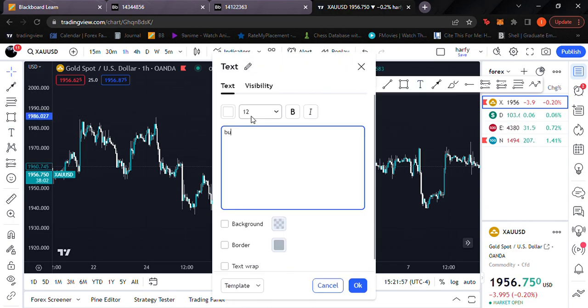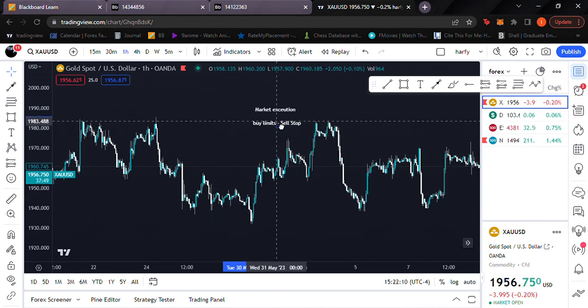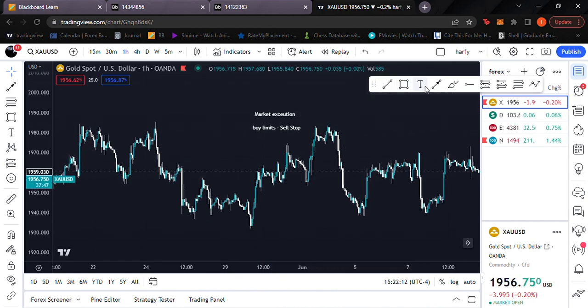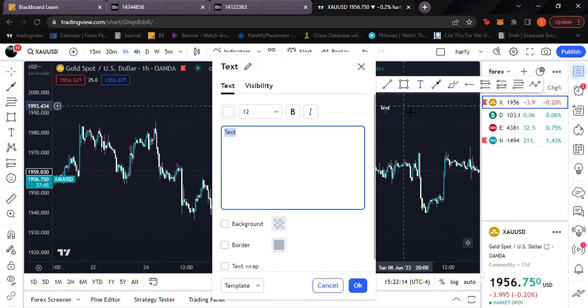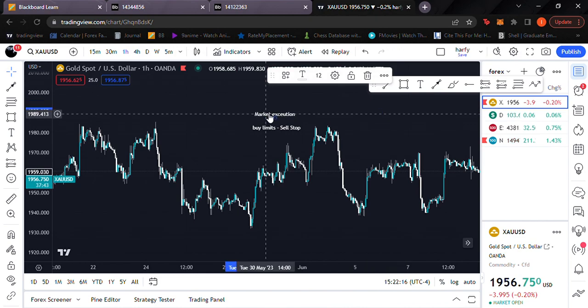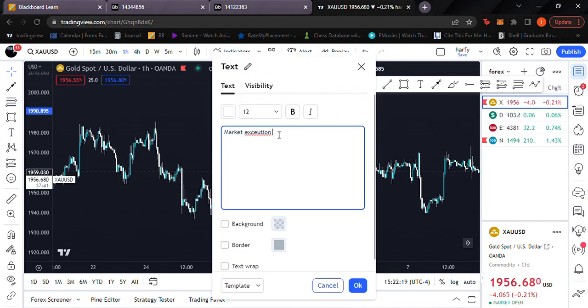You have buy limits, which are below the market, and you have sell stops, which are also below the current market price. Market execution is the current market price.